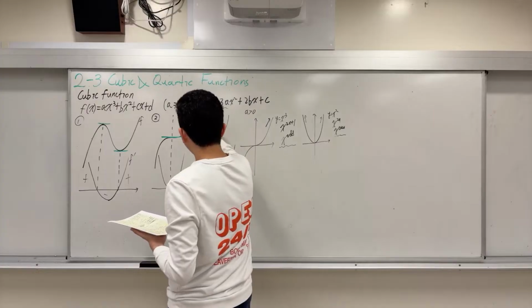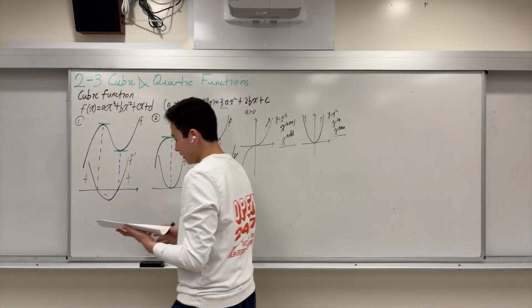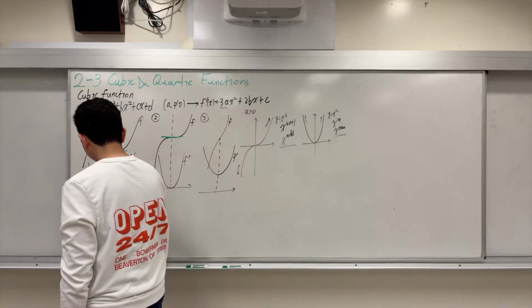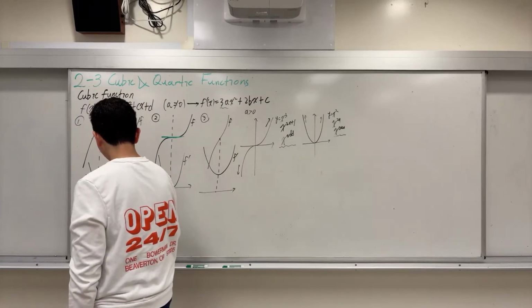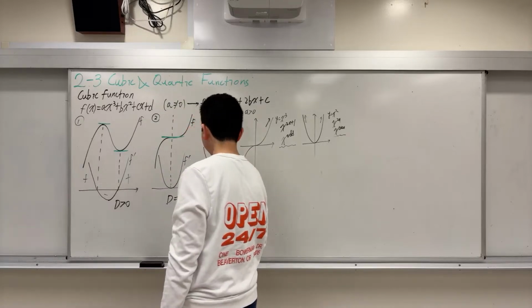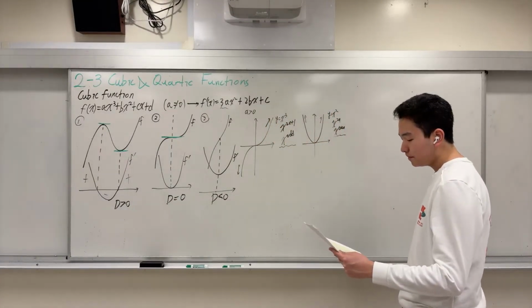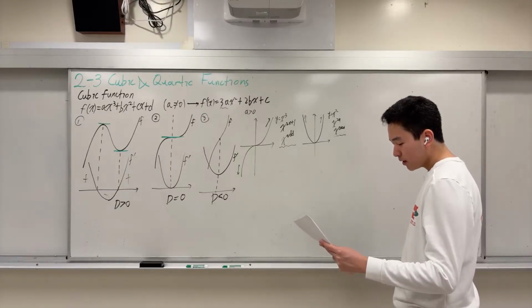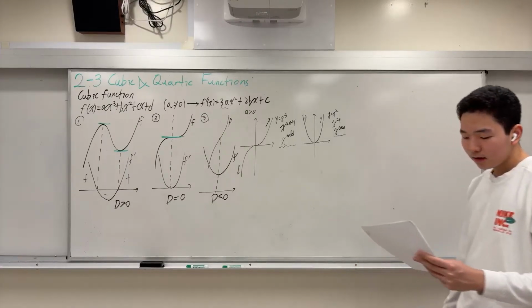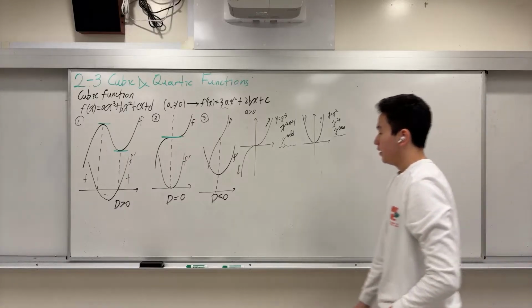So here is f and here is f prime. And I said that the discriminant of this parabola has to be larger than 0, discriminant equals 0, and discriminant is less than 0. Okay, cool. I want to tell you more about cubic functions, so let's do that.